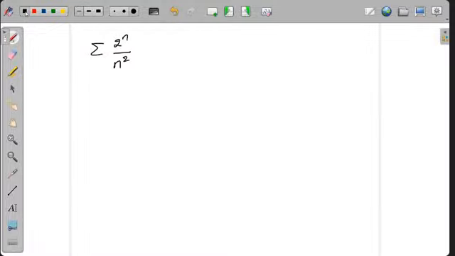So we want to apply comparison, right? So what I do is compare n square with 1.5 power n. So which one will be bigger? Let me write 1.5 as 3/2, so that we get 3/2 whole power n. Initially you may say this is bigger, but after some stage it will dominate definitely.